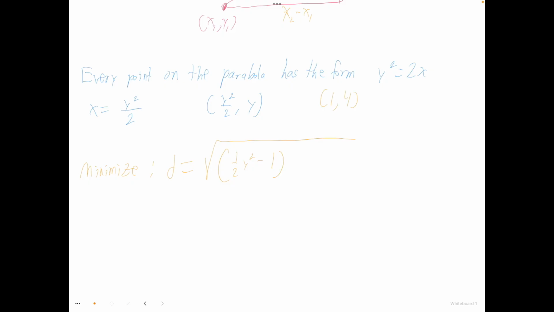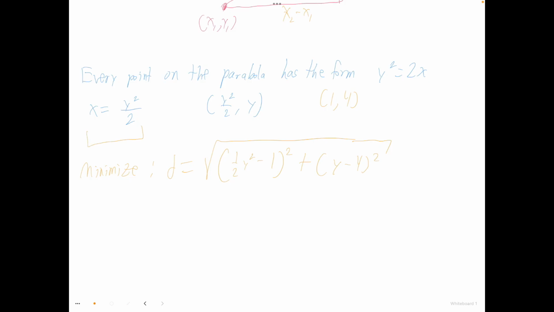It's the distance between the point y squared over 2 comma y and (1, 4). So we have (1/2 y squared minus 1) squared plus (y minus 4) squared. And that is what we want to minimize. And notice it only has one variable in it. It only has y in it, so we don't have to replace a variable. That's kind of what we're doing here in replacing a variable.